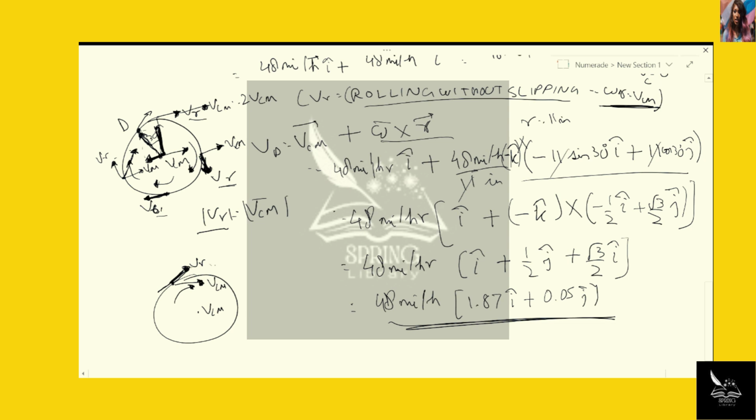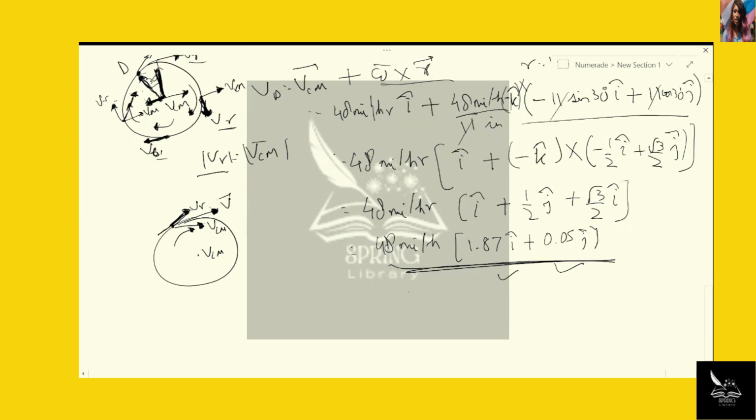Now if you add these two, the parallelogram law of addition will tell you that the final vector is going to be somewhere here. It has a greater I component than j component, which is true. Both components are positive, which is also true. And so this tells you that the answer you have calculated is right.